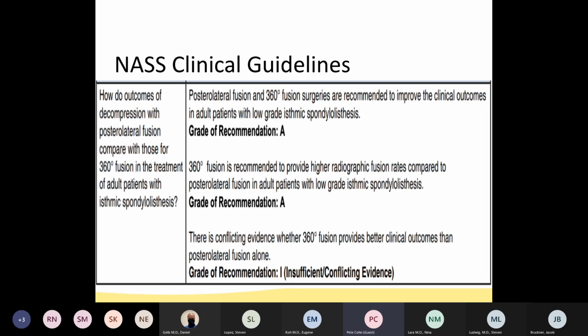That's a grade A recommendation. 360 or AP fusion is recommended to provide higher fusion rates compared to posterolateral fusion alone. And there is conflicting evidence whether anterior-posterior fusion really provides better outcomes than posterolateral fusion alone. But fusion is good for isthmic spondylolisthesis.